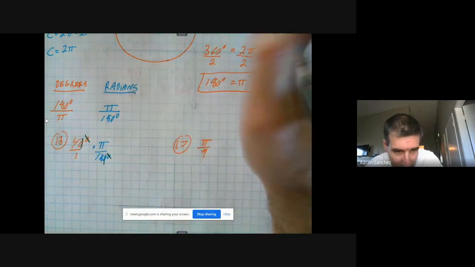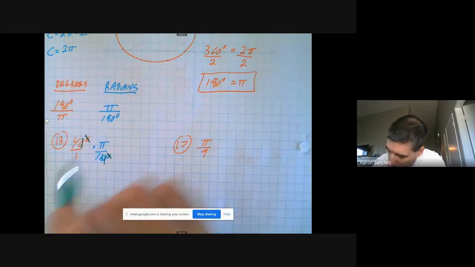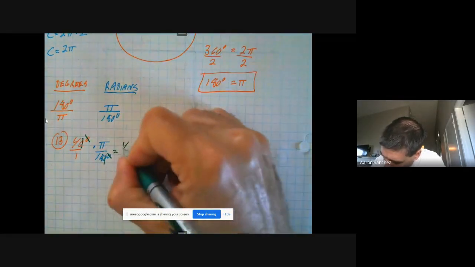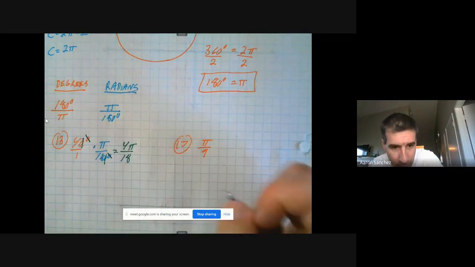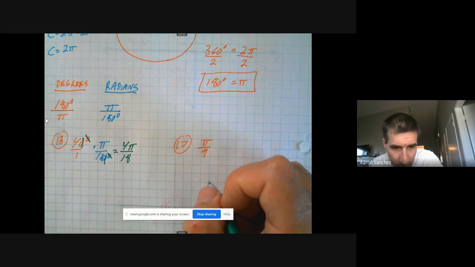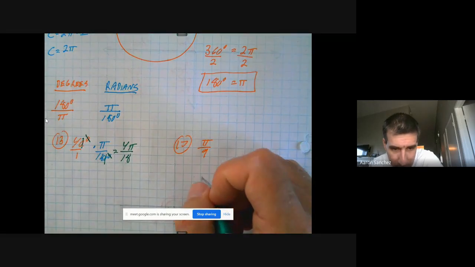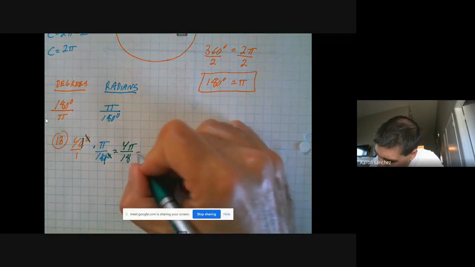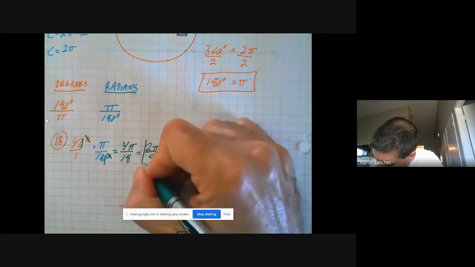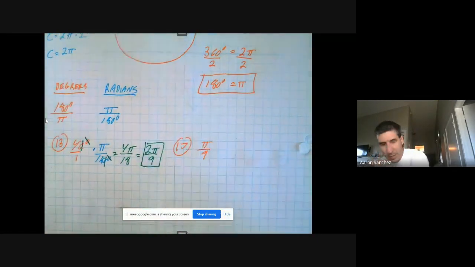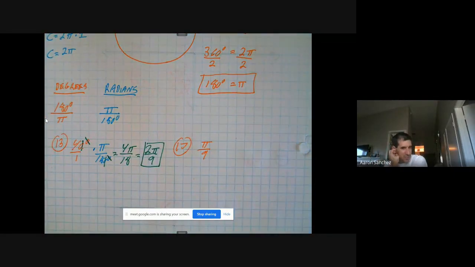Can do that, reduce it. Then 4 times pi is 4 pi. 1 times 18 is 18. Can I reduce it anymore? Yes, they're both divisible by 2. 4 divided by 2 is 2 pi. 18 divided by 2 is 9. So 40 degrees is equal to 2 pi over 9 radians.